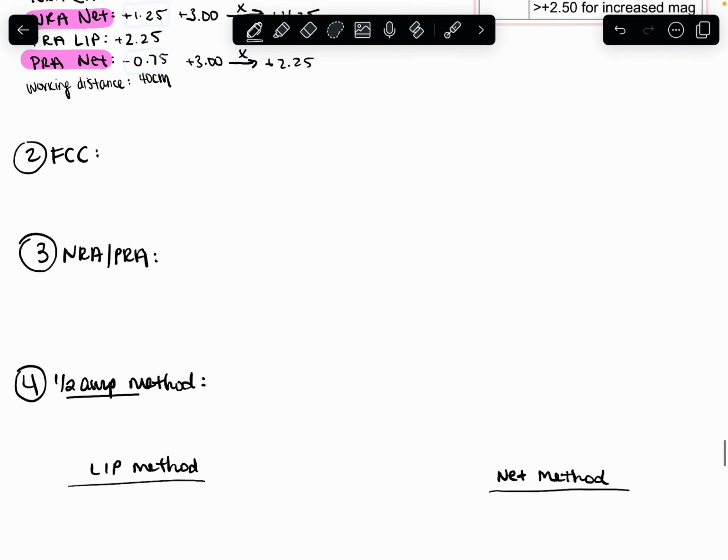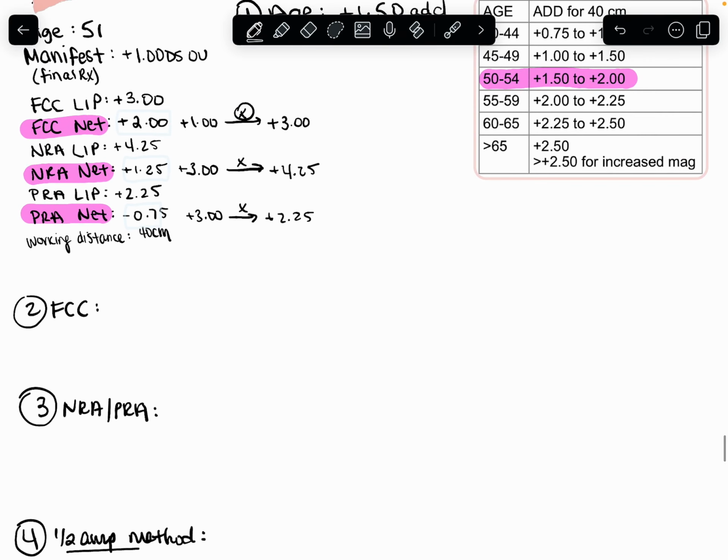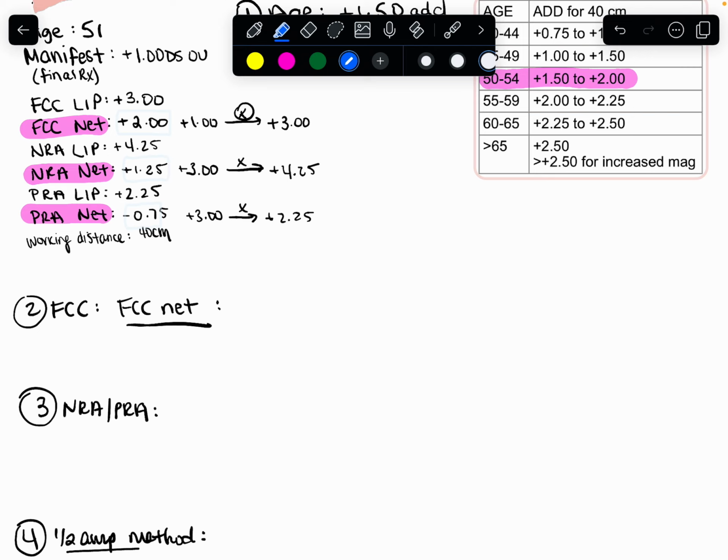Okay, so the second way is by the FCC method. So the FCC method is just the FCC net. So what we do is exactly what we did right up here. So we actually already calculated it, but I'll write it out again.